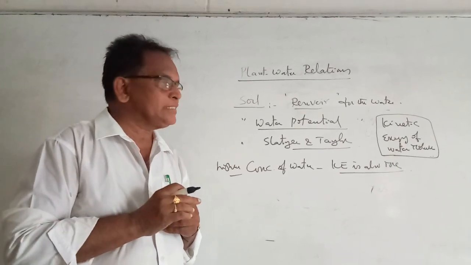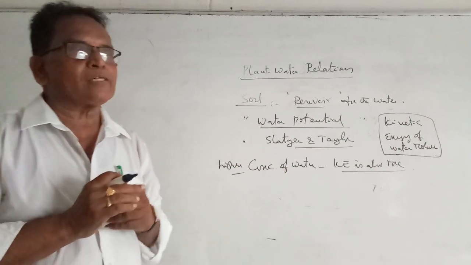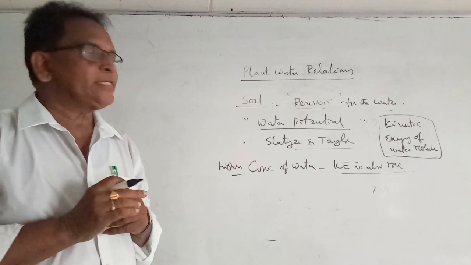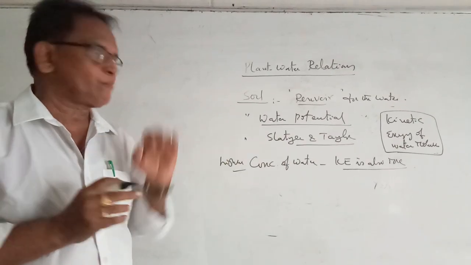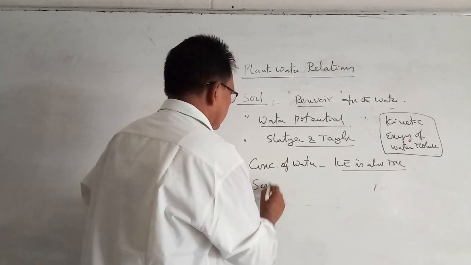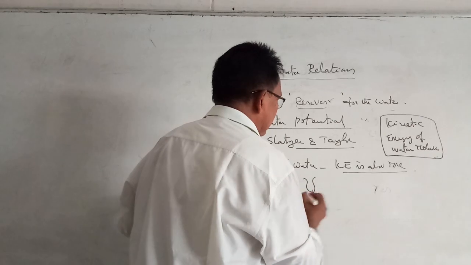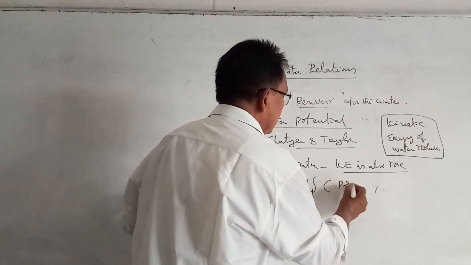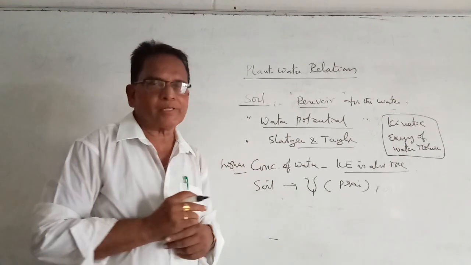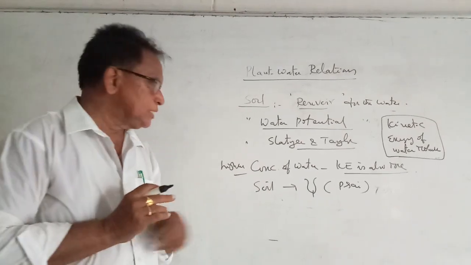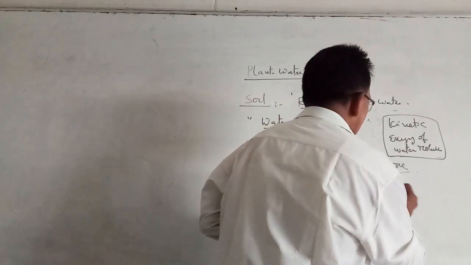So the water potential is always directly proportional to the kinetic energy of the water molecules. So inside the soil, the water potential value is always higher. In the soil, the water potential is represented by this symbol. We can also call it psi. This is the symbol for water potential. So in the soil, the water potential is always higher.